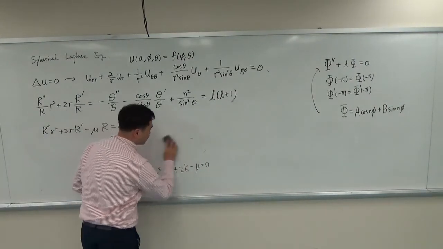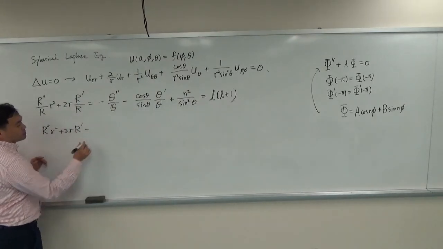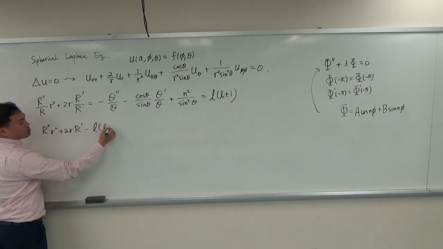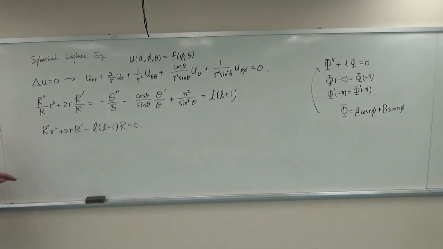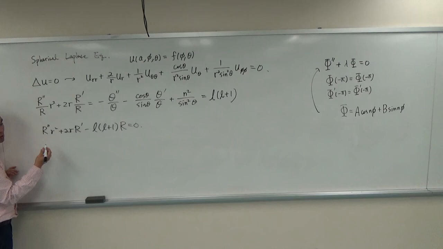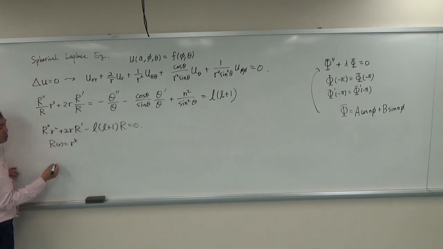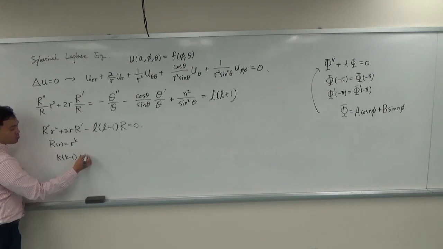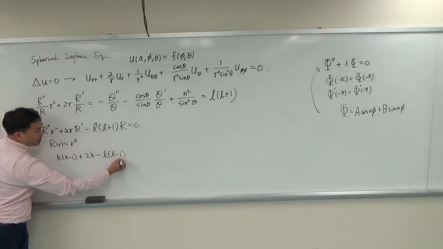Okay? And if you do that, here's what you get. This is L times (L plus 1), R equal to 0. And again, all I did was rename this one to something new. So if I plug in R of R as R to the k and see what we get, the result is k(k minus 1) plus 2k minus L(L plus 1).